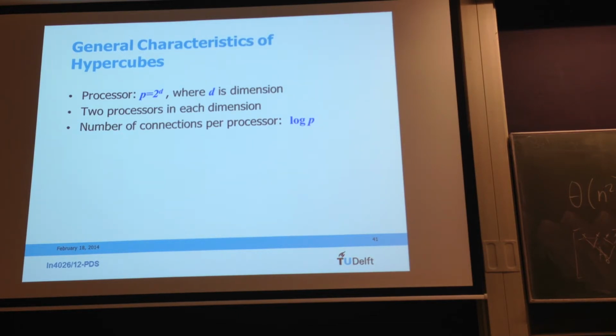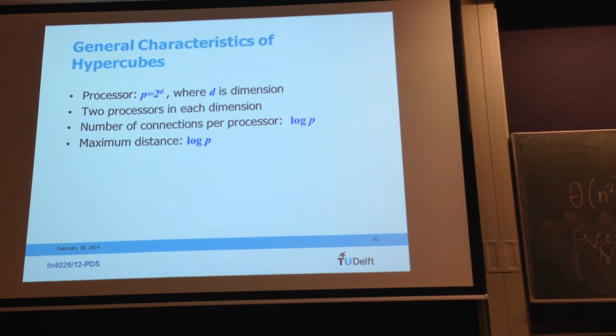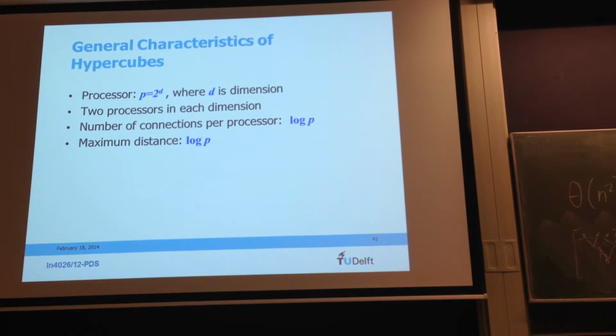It's nice, right? Because making connections to a processor means more bridges, and if it's with the log of the number of processors, that's a good property. The maximum distance between any 2 points is log p, which is great, right? It's very fast.